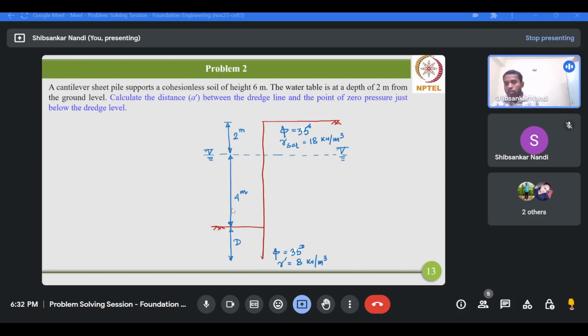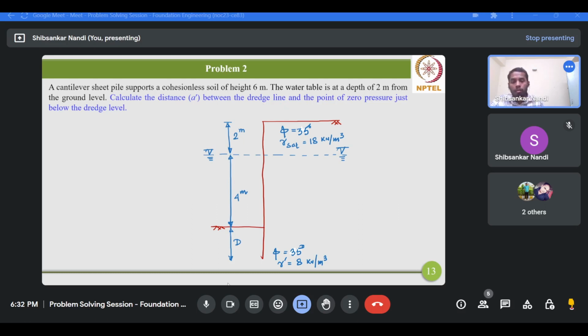Now we'll move on to this problem 2, that is related to a cantilever sheet pile which supports a cohesionless soil of height 6 meter. The water table is at a depth of 2 meter from the ground level. So we have to calculate the distance between the dredge line and the point of zero pressure just below the dredge level.